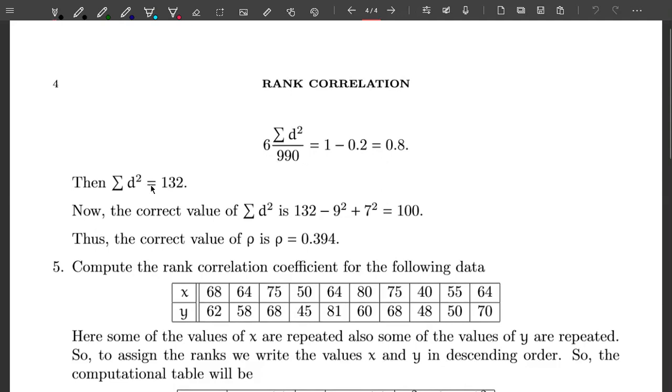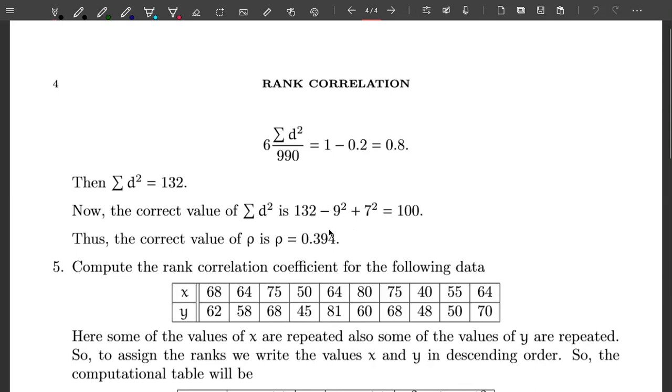So to calculate the correct value of summation D square, first I have to know what was the calculated value of summation D square. The calculated value of summation D square was 132. To get the correct value, I have to subtract the wrongly taken value. They had made a mistake and taken the difference between marks as 9 instead of 7.